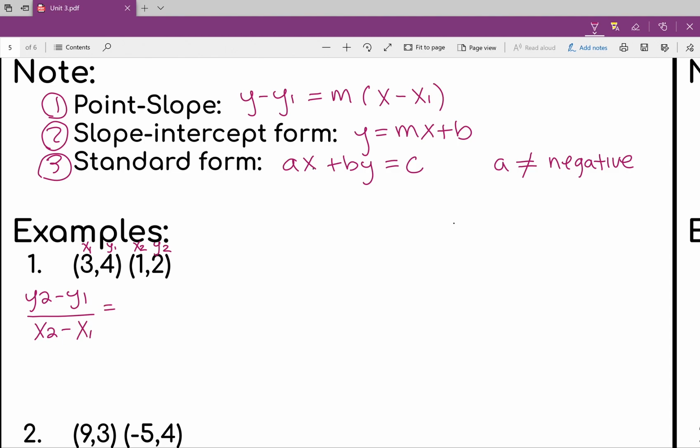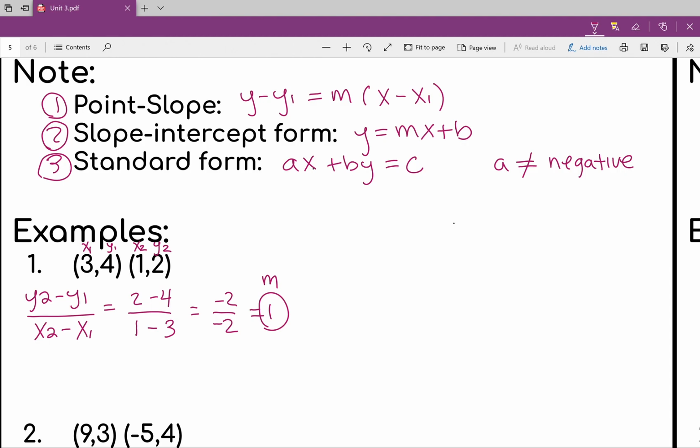So if I plug this in, I have 2 minus 4 over 1 minus 3. 2 minus 4 is negative 2. 1 minus 3 is negative 2. Negative 2 divided by negative 2 is 1.